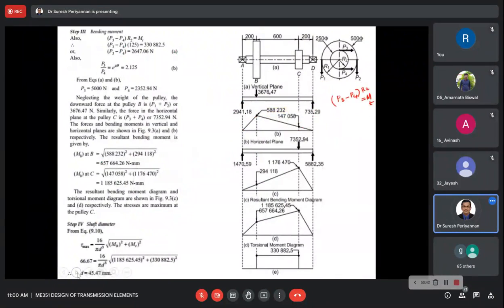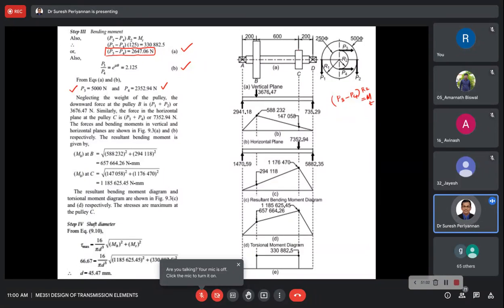Equate this and we get one equation. Now P3 by P4 is equal to e power mu theta. This is another equation. Solving these two equations, we get the P3 and P4 values.